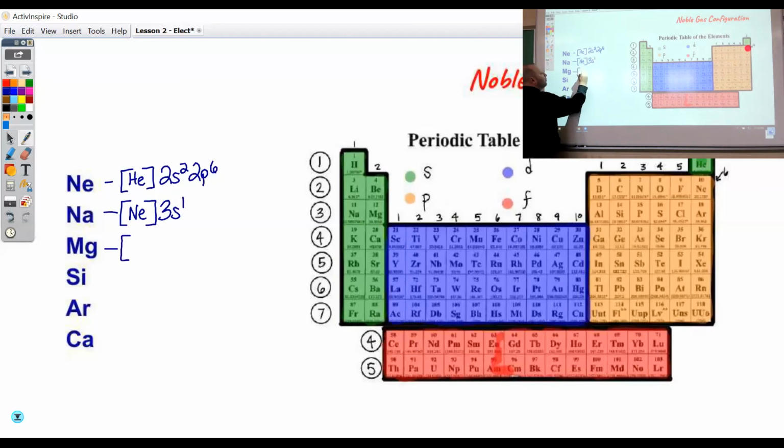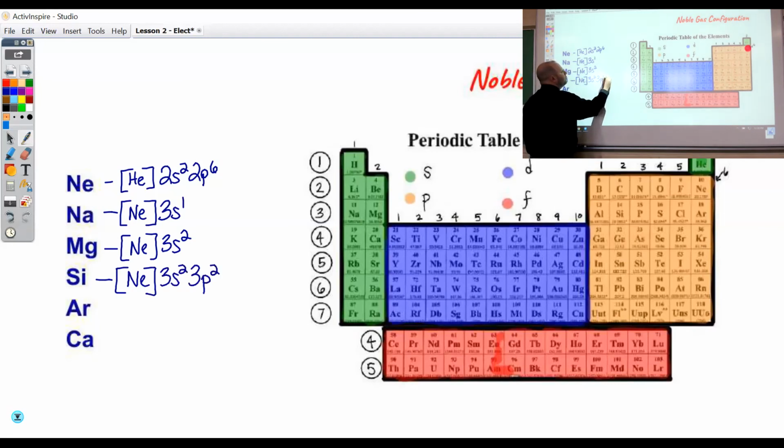For magnesium, I would do the same, and it would be 3s2. For Si, I would do the same, and it would be 3s2, 3p2. And then finally, when I'm going to argon, I can jump to neon and then write 3s2, 3p6.